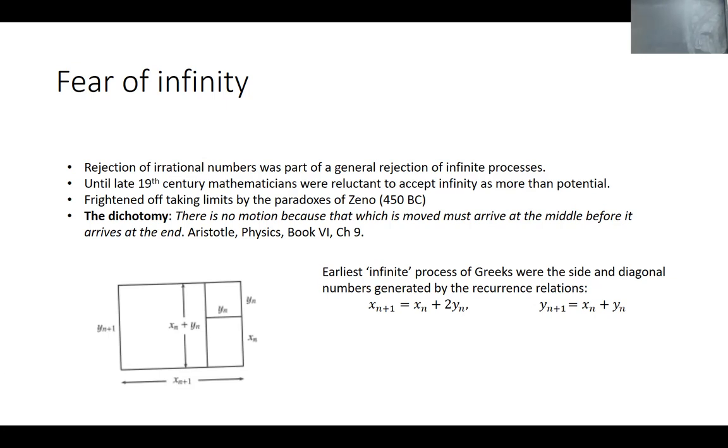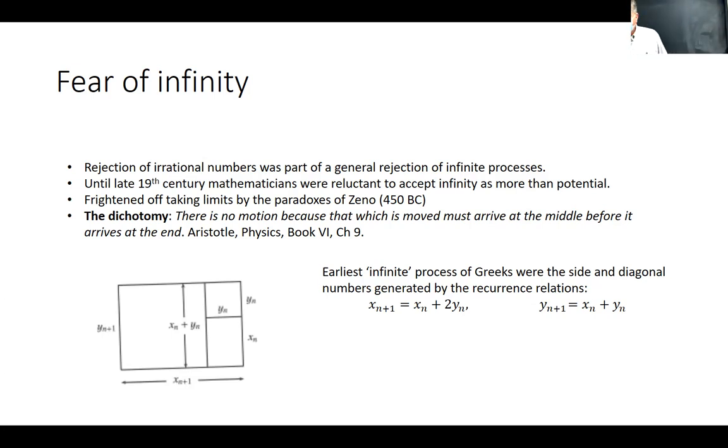Then xn plus 1 is equal to xn plus 2yn, and yn plus 1 is xn plus yn. So this gives you a recursion relation.